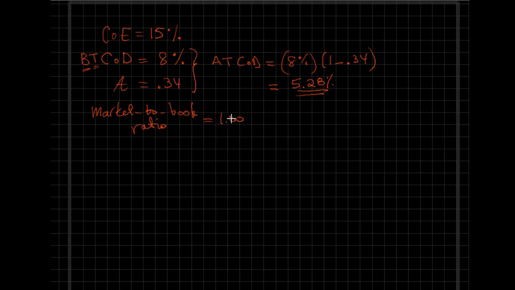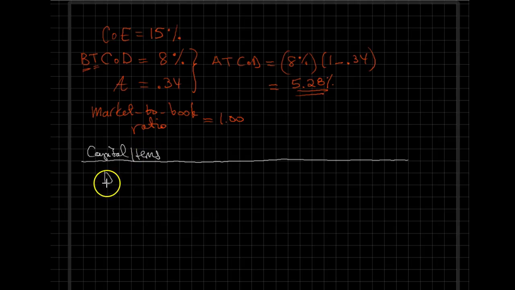We can go ahead and produce a table. The table will have two rows of capital items: debt, long-term debt, and equity, common equity. Because the book value reflects the true market value, we can copy those numbers.